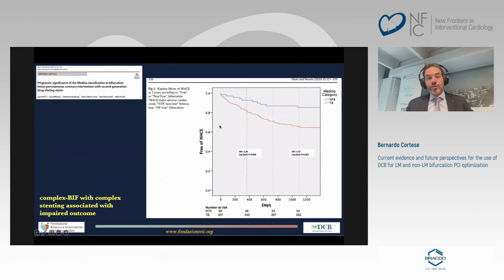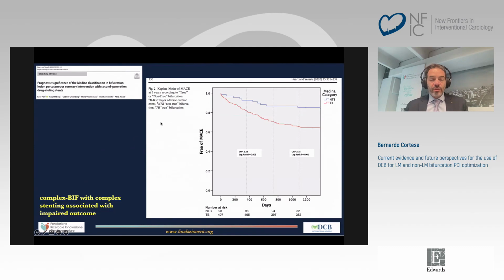But first of all, I would like to start with an important piece of information that, of course, you all know: the more complex the bifurcation we face with two-stenting strategies, the worse the clinical outcome for our patients.